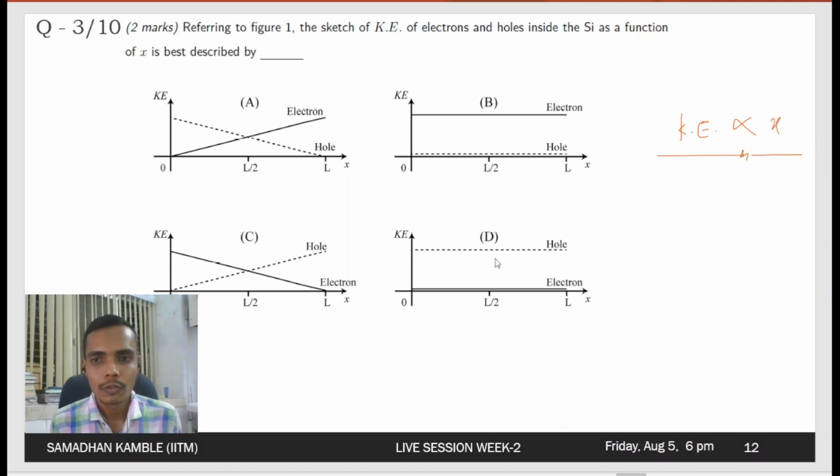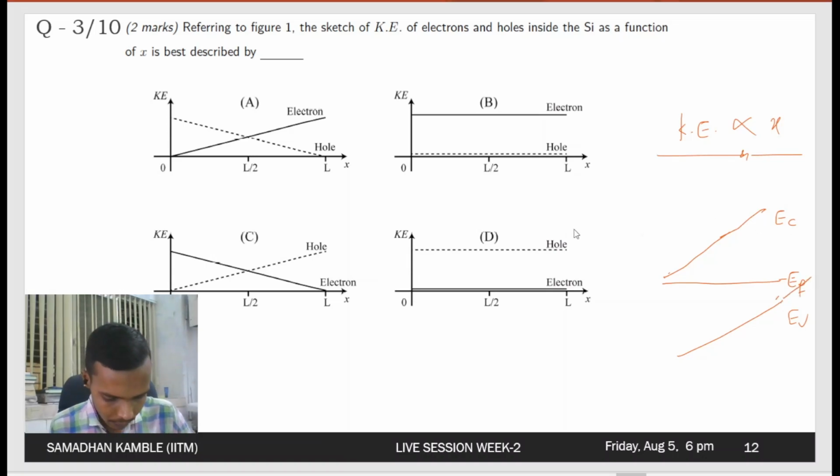Okay, so looking at the band diagram, we can write, so this is our EC, you consider our reference level is here EF, and our EV is this, it is going further. Now the kinetic energy of electrons is basically the difference, the distance from the EC to the electrons.